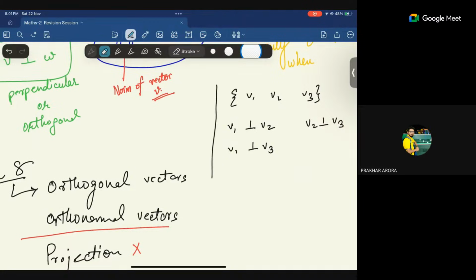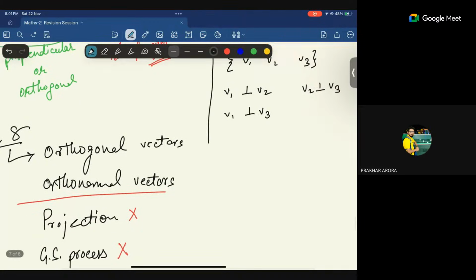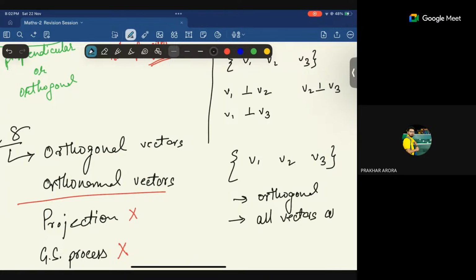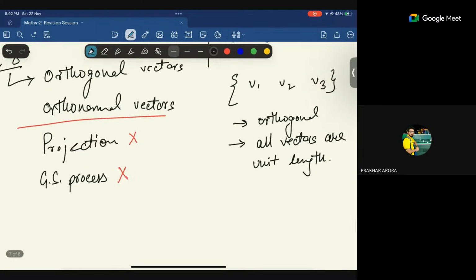Now what is an orthonormal set? An orthonormal set means that first the vectors are orthogonal, and then second, all vectors are unit length. What is the meaning of unit length? Unit length means the length is 1.